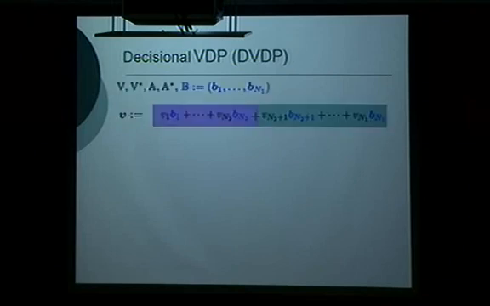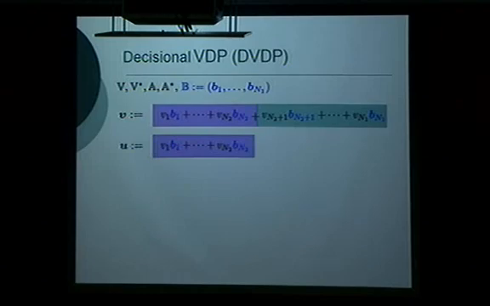So next we move to a decisional problem of this vector decomposition problem. This is a very natural decisional problem. The setup is the same as the computational vector decomposition problem.